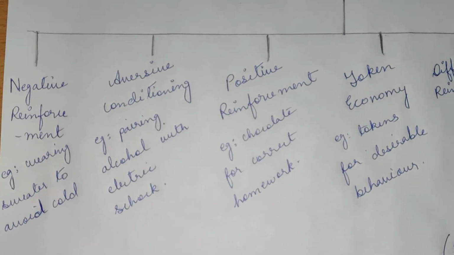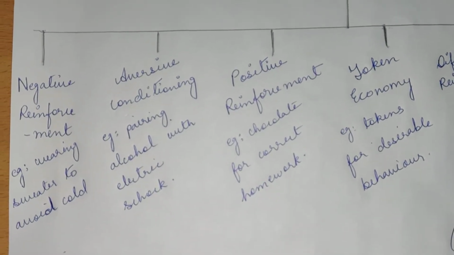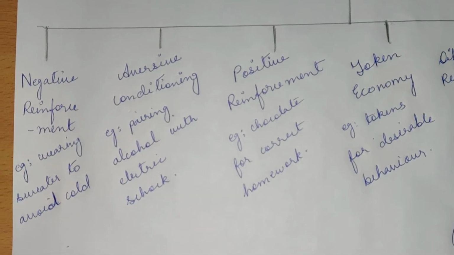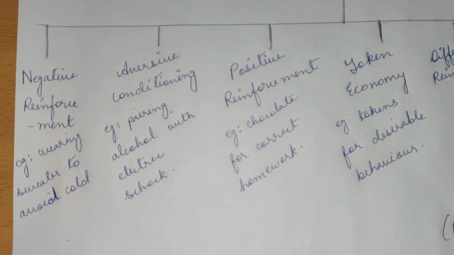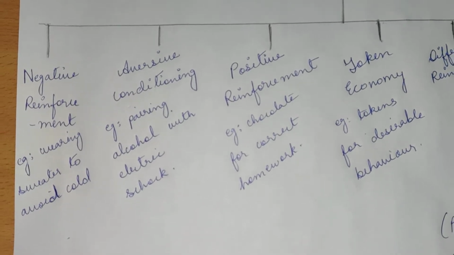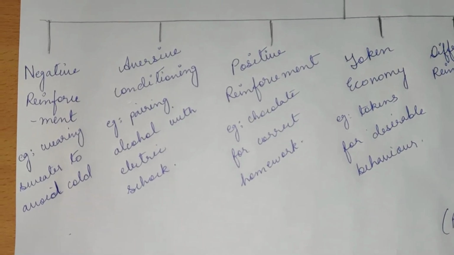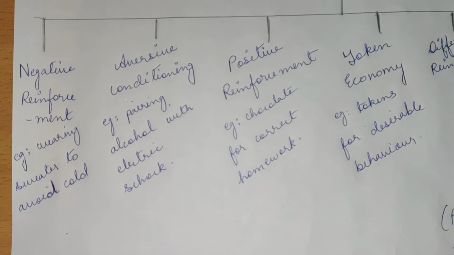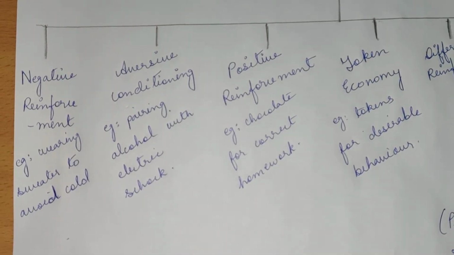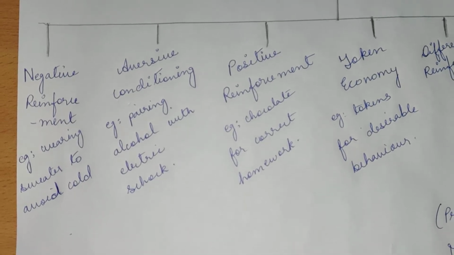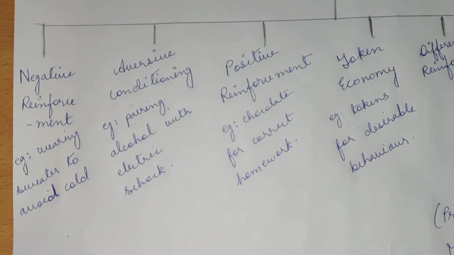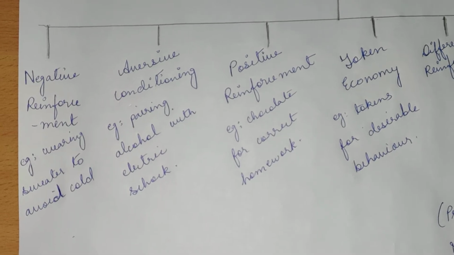Starting off with the first one, which is negative reinforcement. It is a technique where a particular behavior or response is strengthened by removing something unpleasant. For example, you want to increase the occurrence of a particular behavior, like wearing of sweaters in your client.